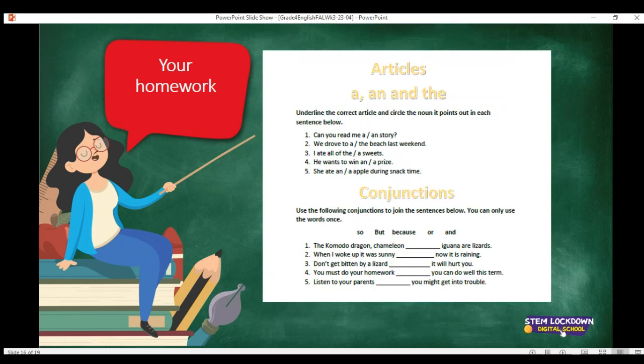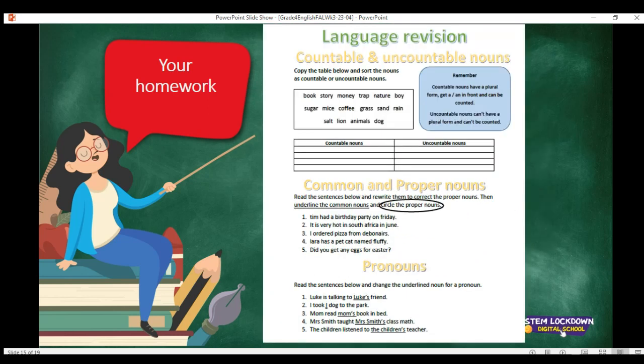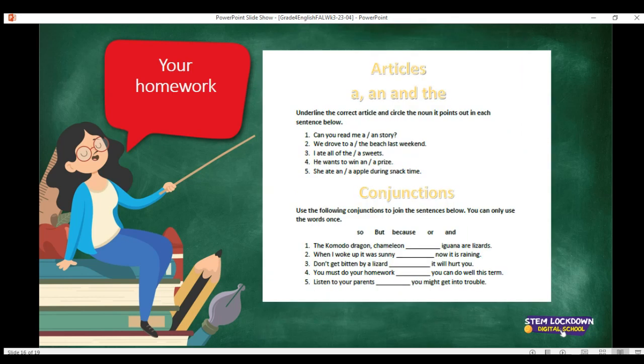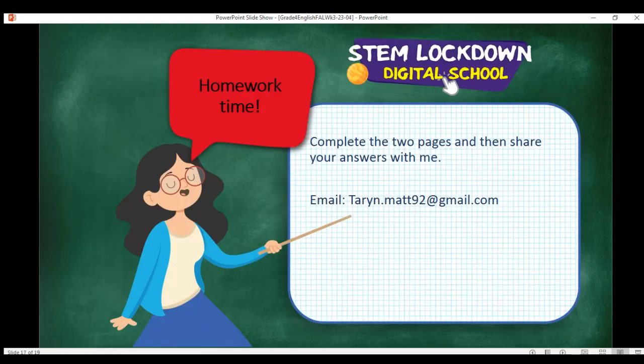So again, I know it looks like a lot, but it's work you have done and you'll do it very quickly because it's something we already know how to do. Well, I hope. And hopefully after the practice, you'll know how to do it perfectly. So page 1 and page 2 is for your homework.